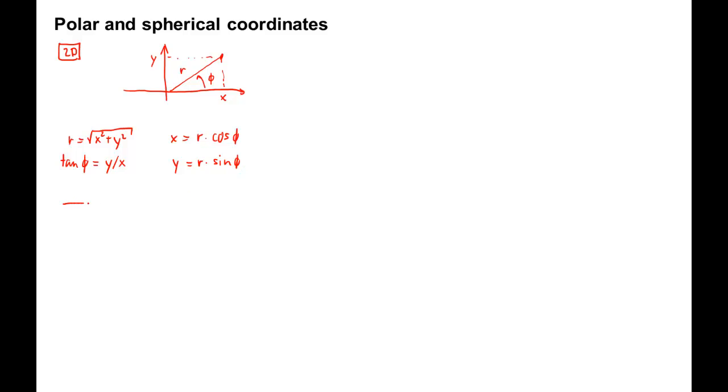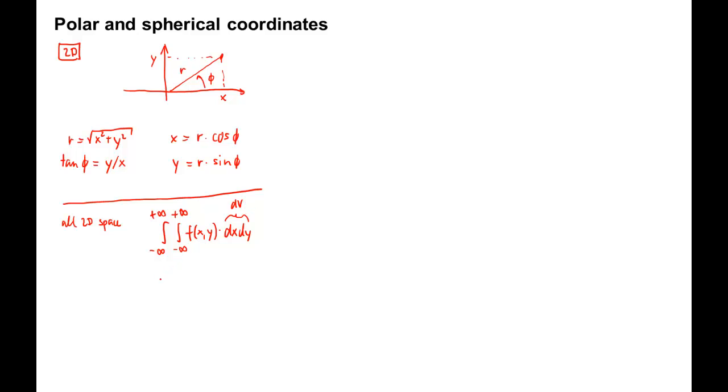Integrating over all space, that is over the entire plane, works the following way. In rectangular coordinates, the integral reads integral from negative infinity to positive infinity, and same again from negative infinity to positive infinity of whatever function you're dealing with, times dx dy. dx dy is called the infinitesimal volume element, dv.